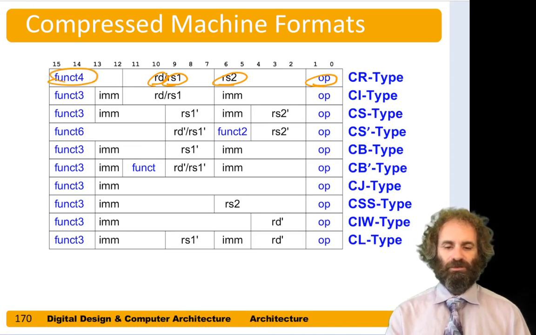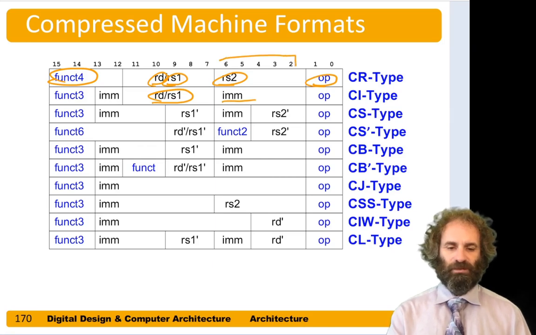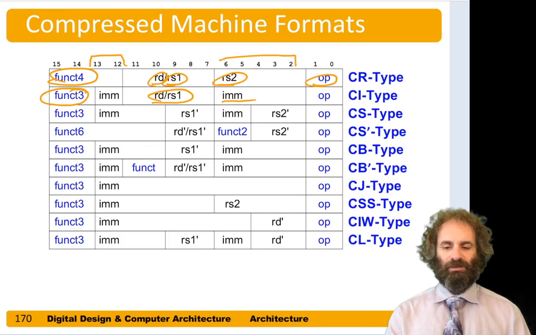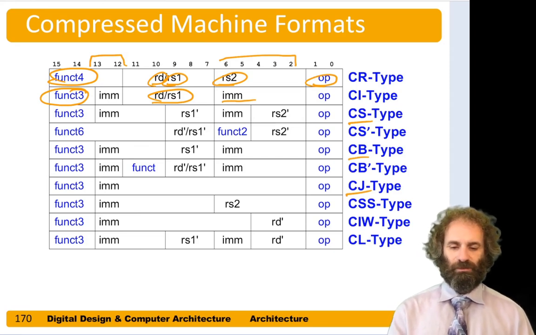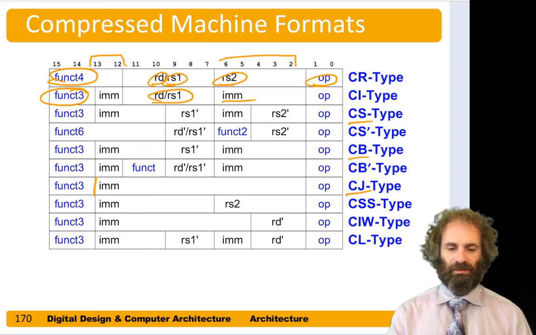I-type instructions use one register as both the first source and the destination, and they have an immediate packed in these 5 bits plus these 2 more, giving them a 7-bit immediate, and a funct3 to tell you which type of immediate instruction. Same way for stores, branches, jumps, and so forth. Jumps can take an immediate that looks like 12 bits, no, 11 bits long.